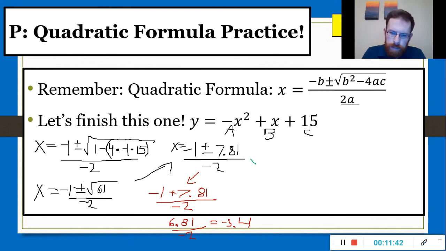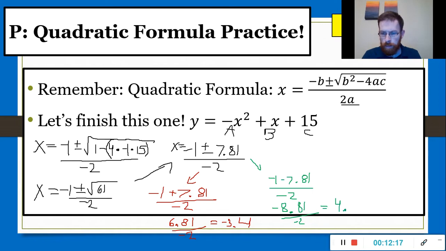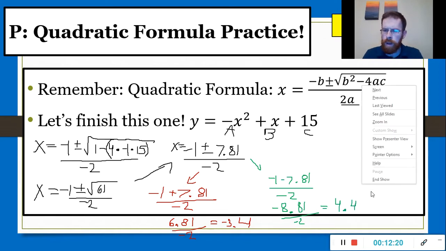Let's try -1 minus 7.81. I might not use this color again. This color is hurting my eyes. Well, that should give me a -8.81, divided by a -2, and that is going to give me a positive 4.4.